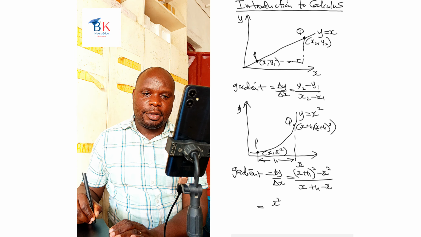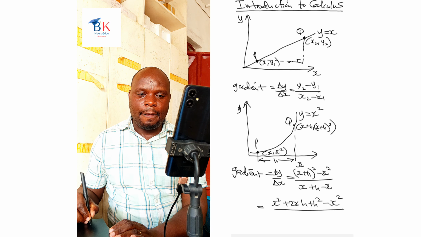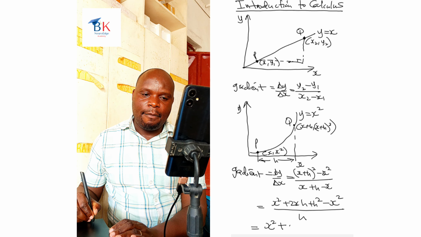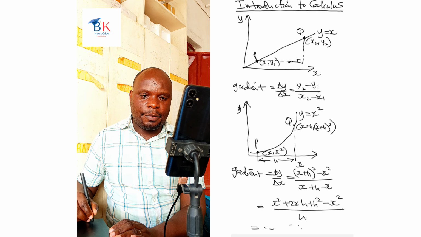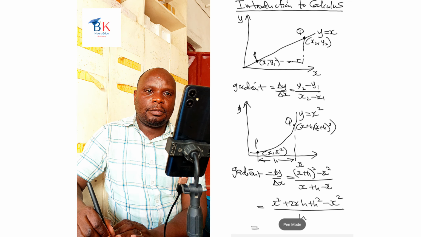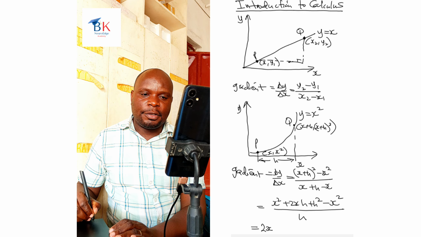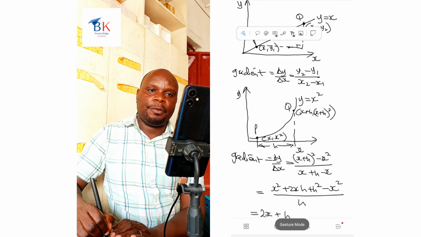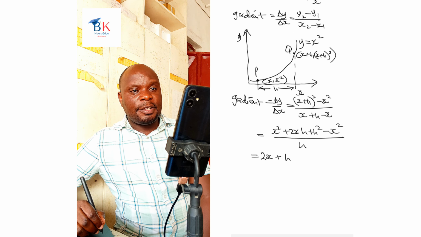Using quadratic identities, that is x squared plus 2xh plus h squared minus x squared, all over h. x squared minus x squared is 0, so you remain with 2xh plus h squared, divided by h. 2xh divided by h is 2x, h squared divided by h is h, so we get 2x plus h.